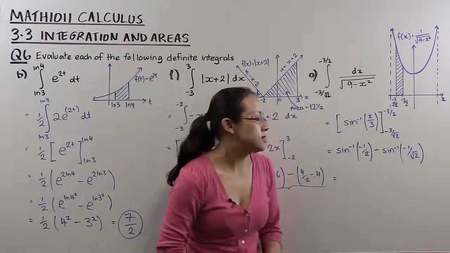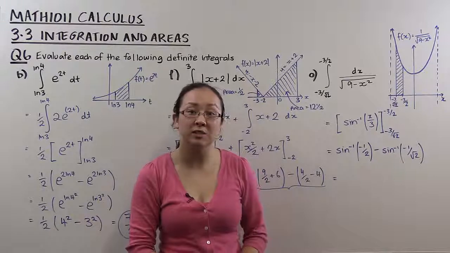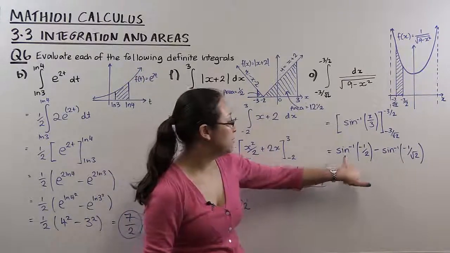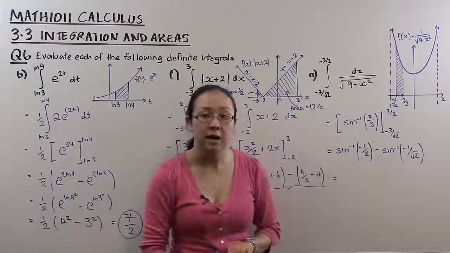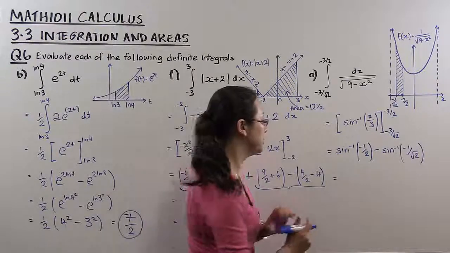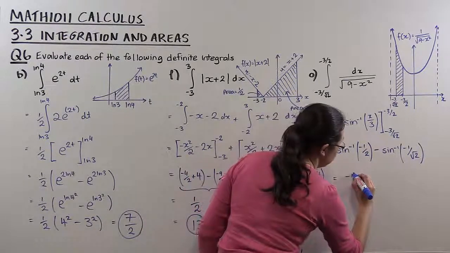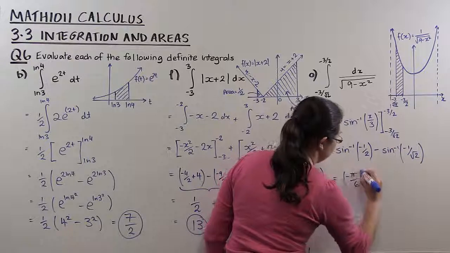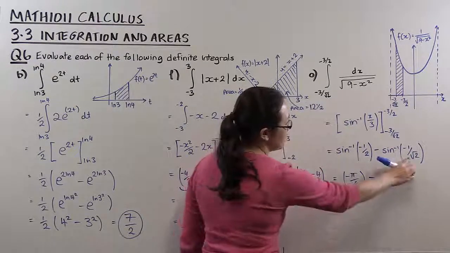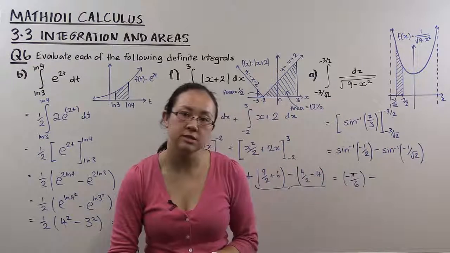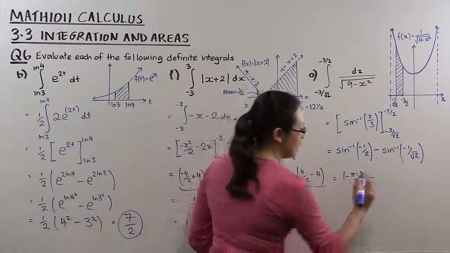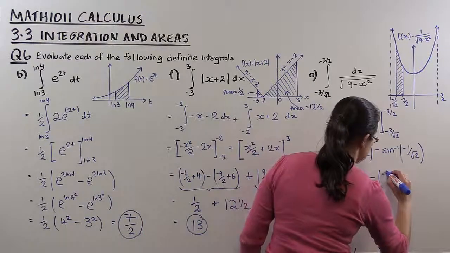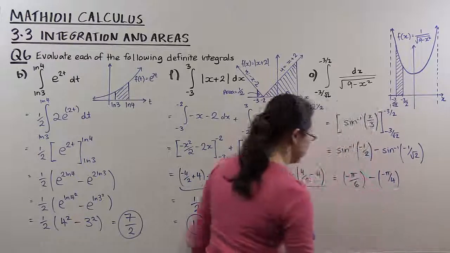The angle that sines to give a half is pi on 6, but we want the inverse sine of minus a half, so that's going to be in the fourth quadrant there. So that angle is going to be minus pi on 6. And we're going to subtract, again this is going to be in the fourth quadrant because it's inverse sine of a negative, and that angle's pi on 4. So this is minus pi on 4 there.